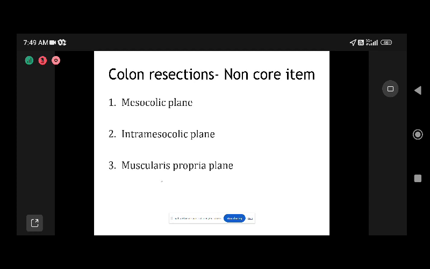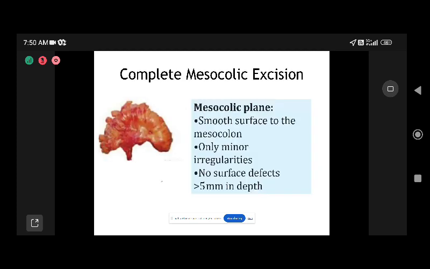Similarly, moving on from TME, it has been shown even on the colonic resections, it is still not a core data item, but complete mesocolic excision can also be graded, whether the colonic resection is through the mesocolic plane, intramesocolic plane, or the muscularis propria plane.